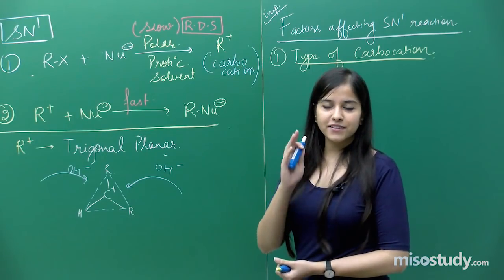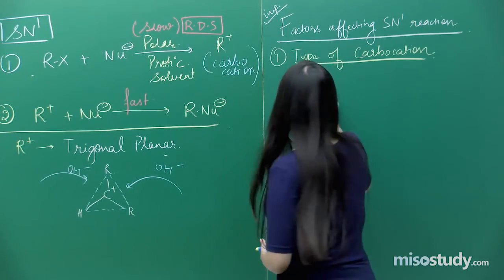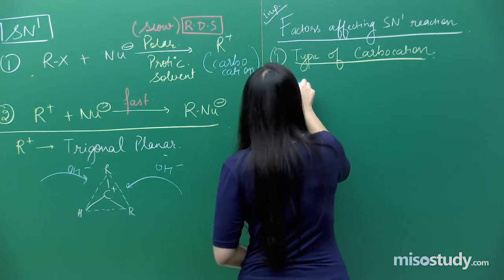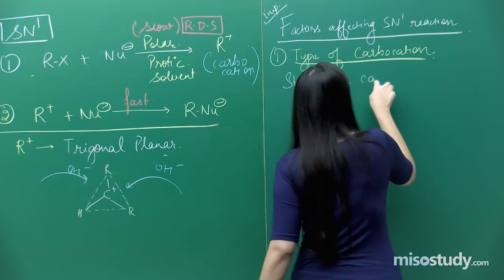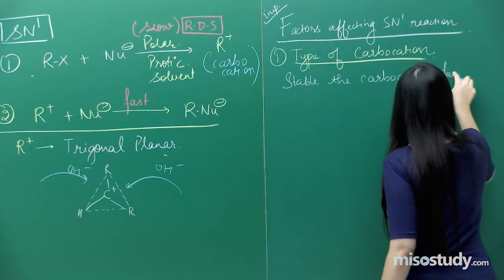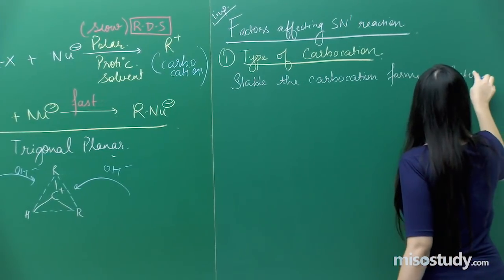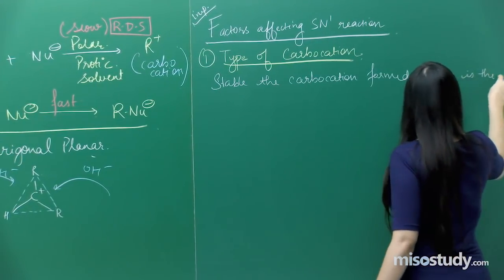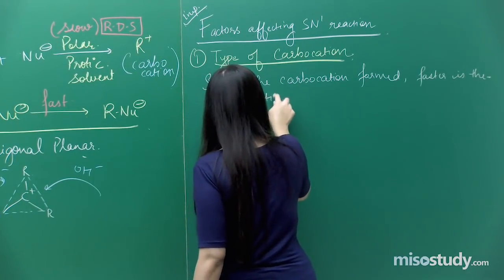It's none other than the tertiary carbocation followed by secondary, primary and 0 degree, right? So the more stable the carbocation formed, the faster is the Sn1 reaction, right?